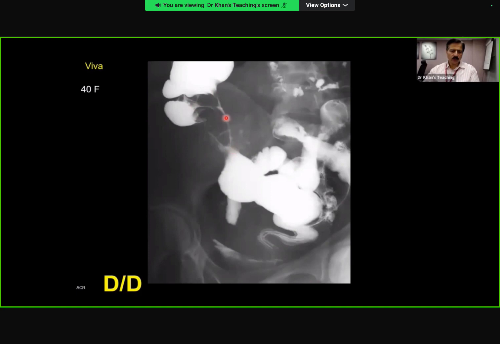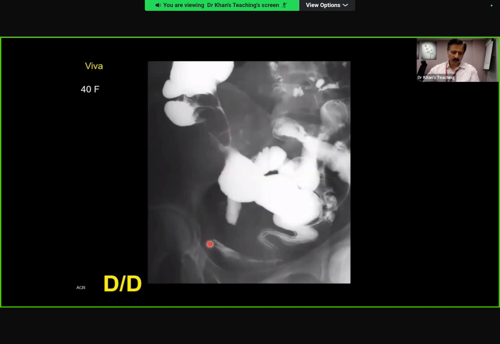I'll take over, please. This is the terminal ileum, and this terminal ileum has got a stricture. And then there might be a bit of obstruction because there is upstream dilatation. With that, there is a connection between this loop and this cecum, and this is an ileocolic fistula. Another ileocolic fistula is this one, and then there is an ileal fistula here.